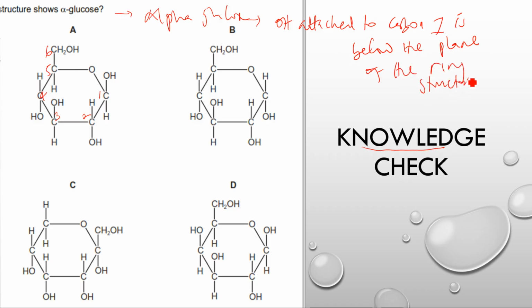Now if you trace this one, the OH attached to this particular carbon is above, so this is not the answer. It's wrong. But if you check this, this is one, trace it, it is below, so this is the answer. It's above here, and this should be OH.